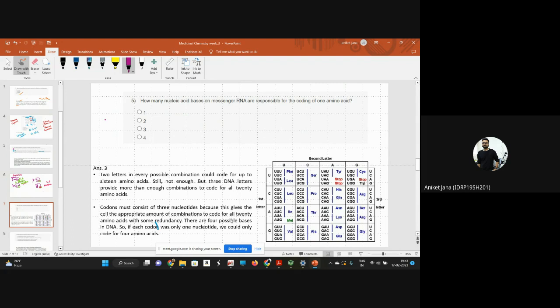There are four possible bases in DNA, so if each codon was only one nucleotide, we could only code for four amino acids. Okay, so we take combinations of these three: UUU, UUC, UUA. So the right answer is three.